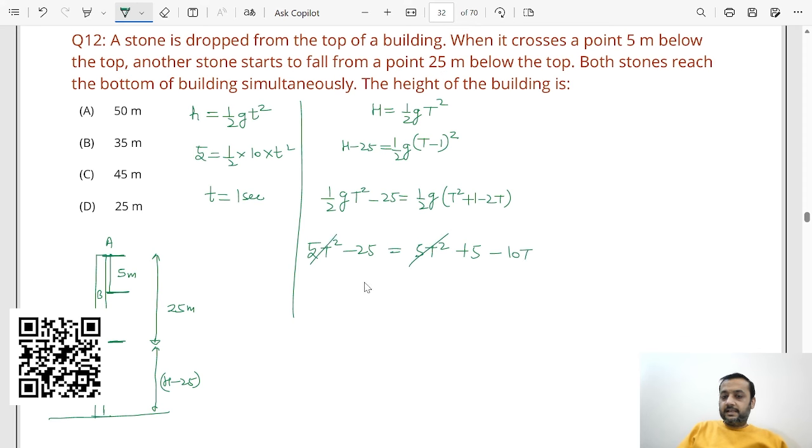Okay, so this will get cancelled, so 10t becomes 30, so t becomes 3 seconds. That means the first stone had fallen for a total time of 3 seconds, and this 3 you can put back over here in the first equation. So h will be half into g, which is 10, into 3 into 3, that means 45 meters. So option C will be the correct answer for this question.